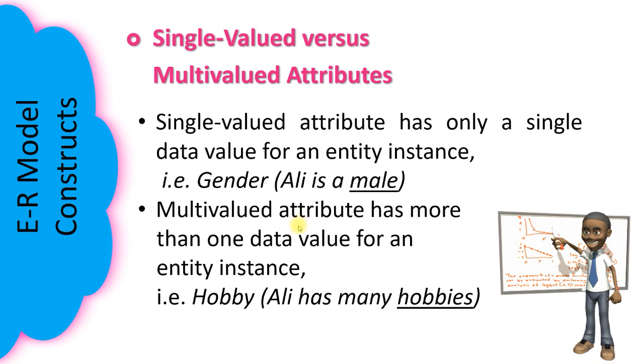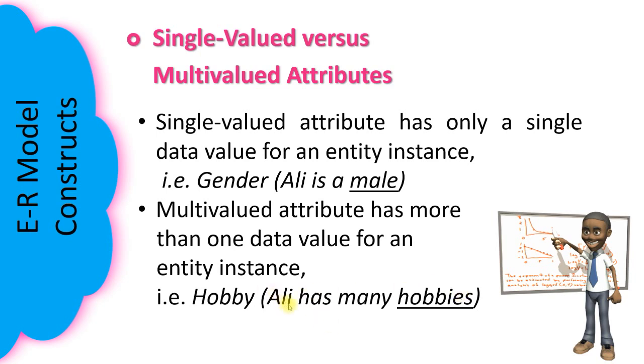Now we move to the next one, the multi-valued attribute. What does it mean? A multi-valued attribute is an attribute that has more than one data value for an entity instance. Again, I use Ali as our example. As an instance, Ali has many hobbies. Why not just a hobby?